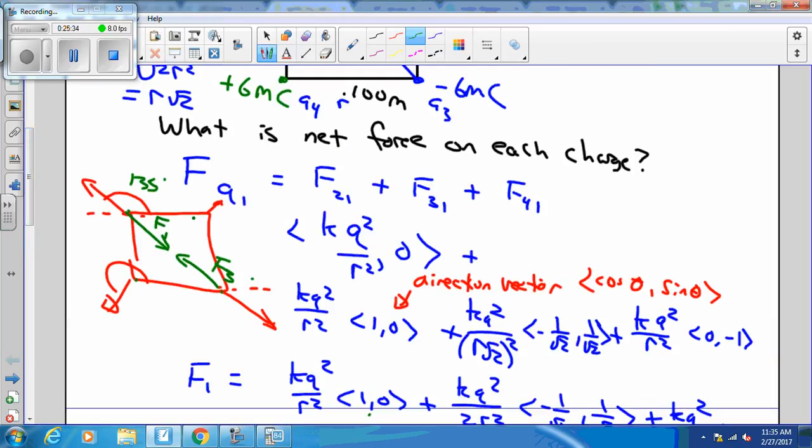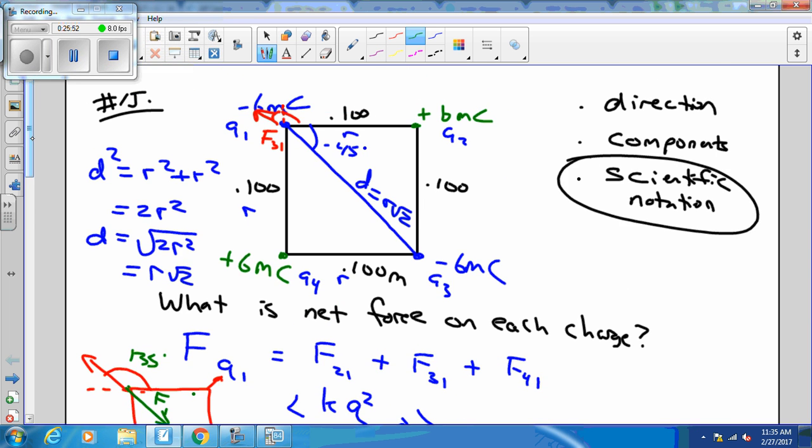Now with F2, we have to consider carefully: are we going to get F2 pulling in or pulling out? It's pretty obvious it's going to do one of those. Which one is it going to be? How do you know? Because all of the forces, each point is being acted on in the same way. It's just rotating. Very good.